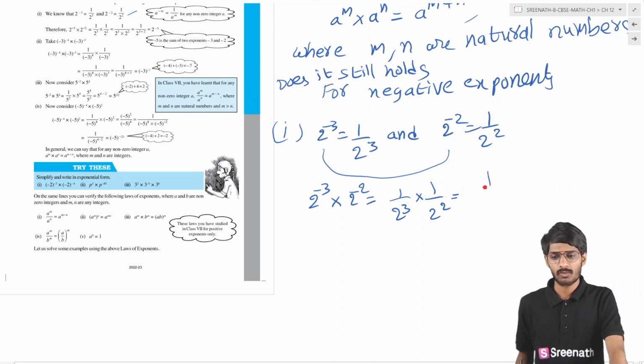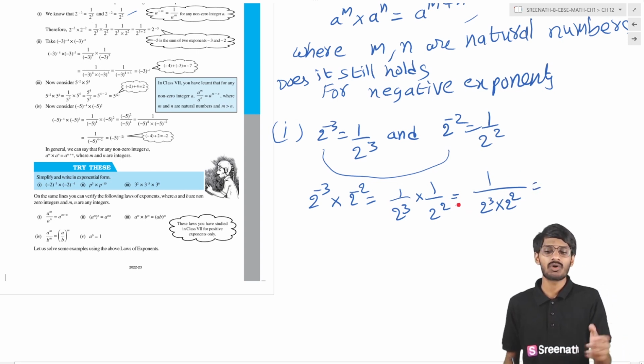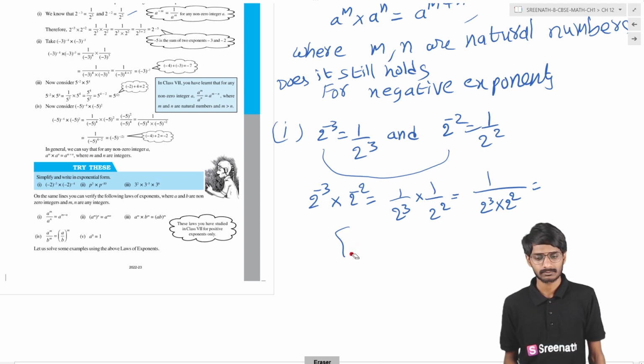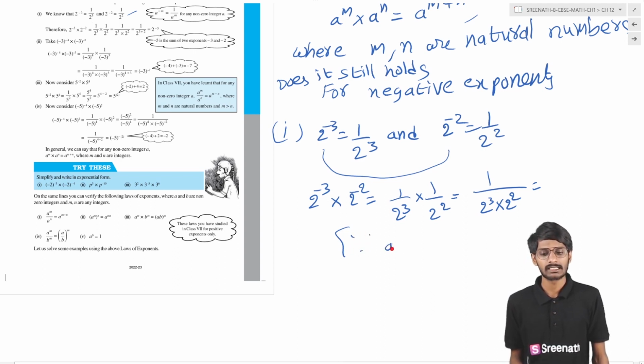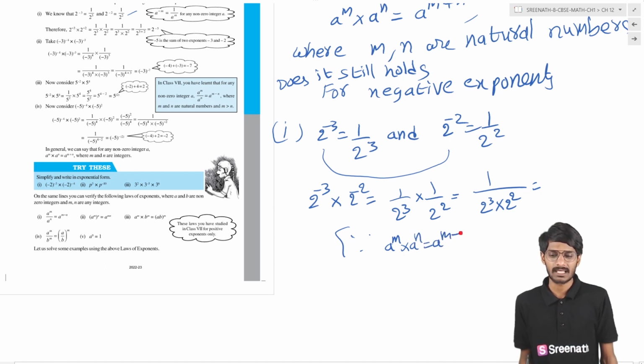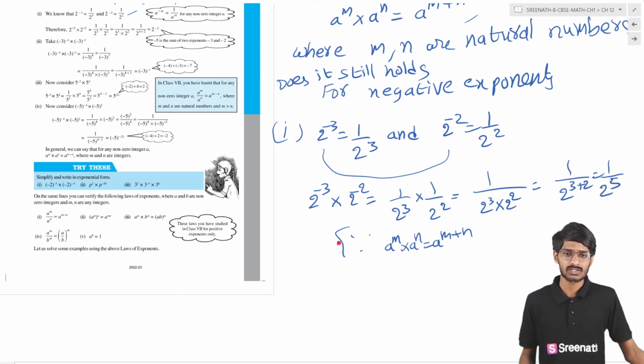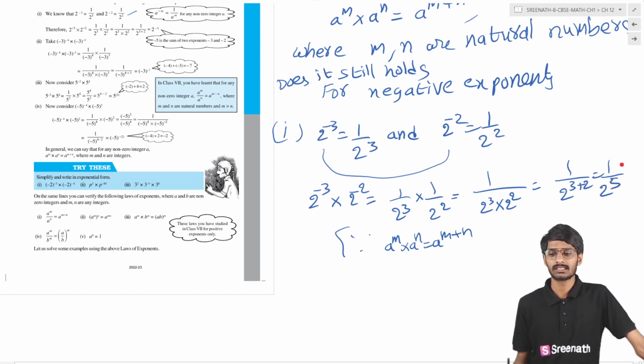In the denominator it looks like a power m into a power n, so we can write a power m plus n, that is 2 power 3 plus 2, which becomes 2 power 5. We know that is equal to 2 power minus 5.